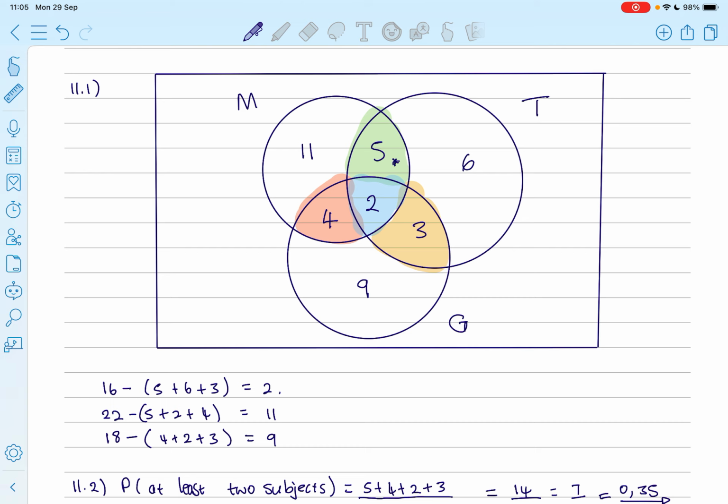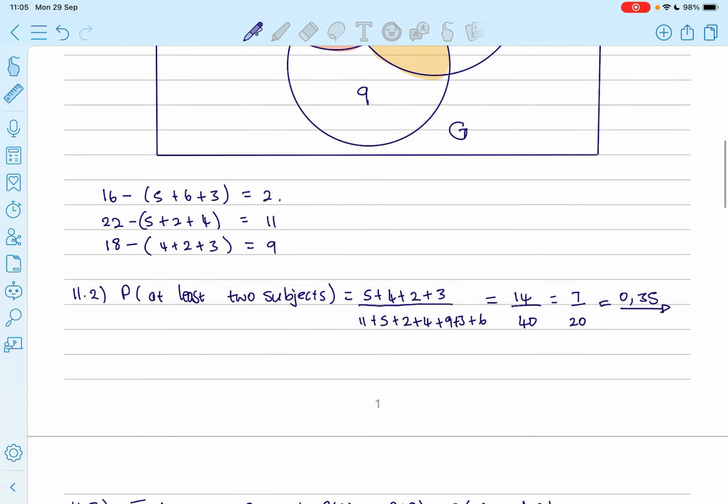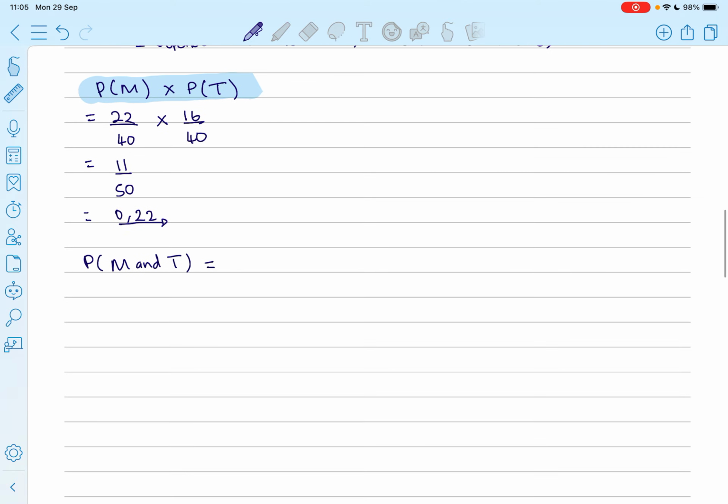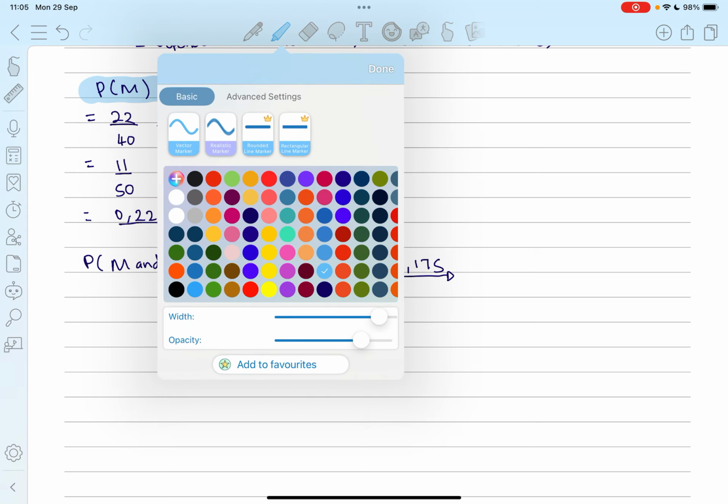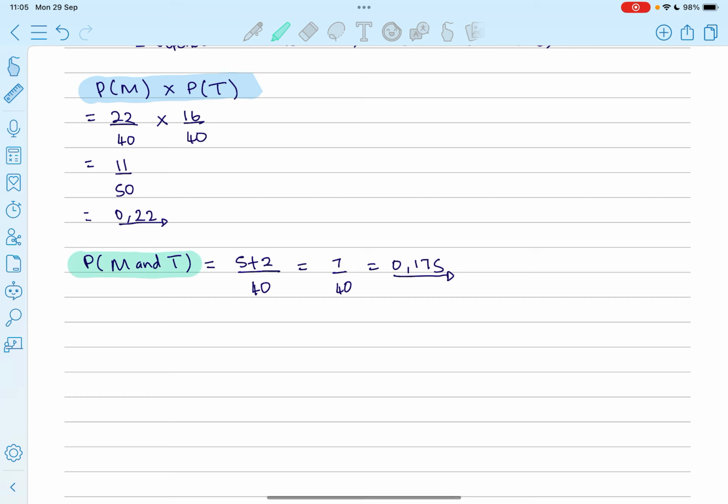That intersection has this 5 and 2. That would be 5 plus 2 over 40, which simplifies to just 7 over 40. And converting that to decimals, we get 0.175 as our answer. Let's highlight that with a different color. We can use this teal.